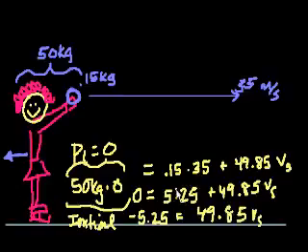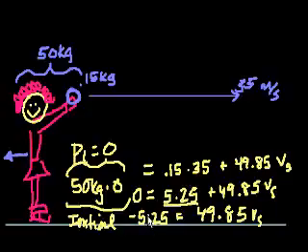We're essentially saying that the momentum of just the ball is 5.25, and since the combined system has to have 0 net momentum, the momentum of the skater has to be 5.25 in the other direction, going backwards, or a momentum of minus 5.25.